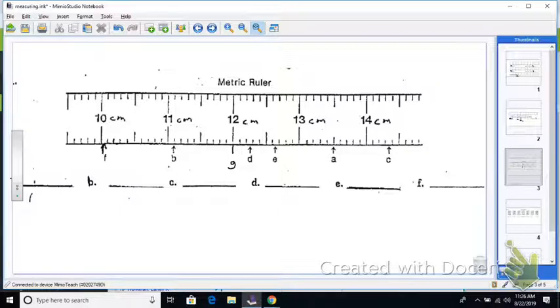Okay? So the first one would be 13 point, and that's right on the 5/10 mark, so it'd be 13.50. Next one, B, I'm going to say it's a little before the line, that's just me. I would say that would be 11.09 centimeters.